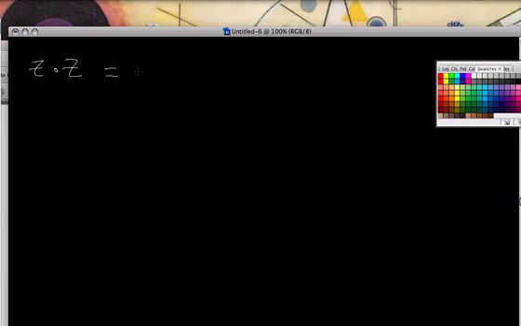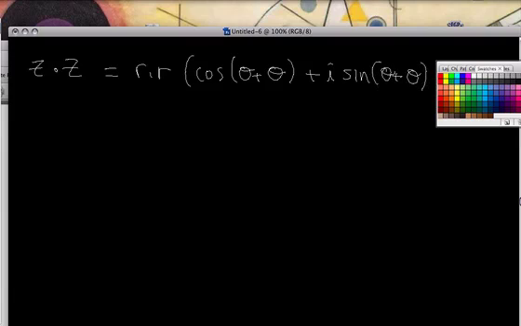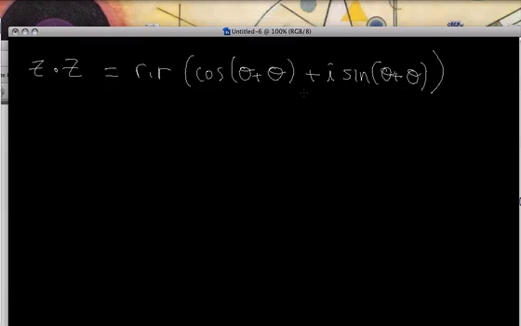So this would be r times r, the two moduli multiplied together, and then cosine of theta plus theta plus I times sine theta plus theta. This is just me applying the product formula for complex numbers, but when the numbers are the same. R times r is r squared. This becomes cosine 2 theta plus I sine 2 theta.